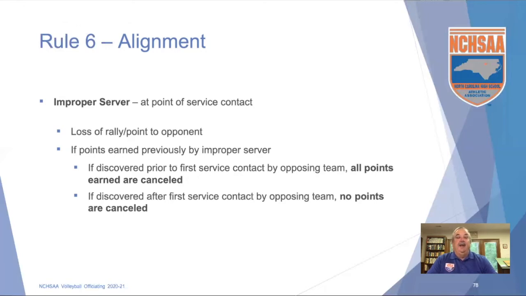Okay, and we need to make sure if that server had previously scored points in that turn of service, in other words, they'd scored 1 or 2 points, and then we recognize it's the improper server, those points would come off, as long as we discover it before the opposing team has won the serve and has contacted their first service. In other words, we cannot cancel points once the other team has won a point and has served.